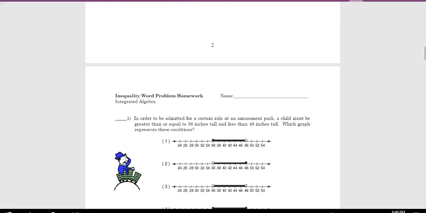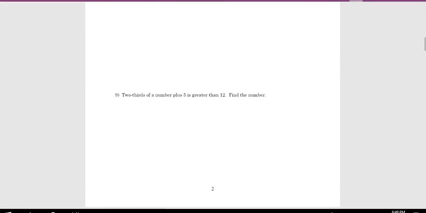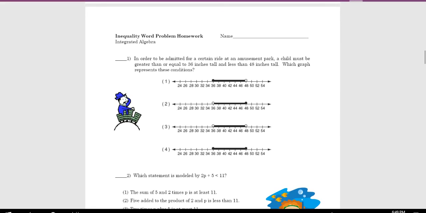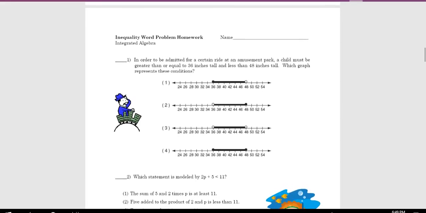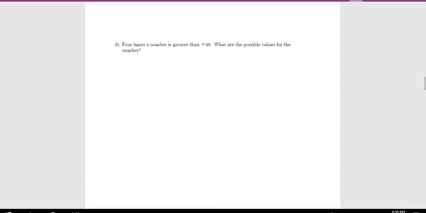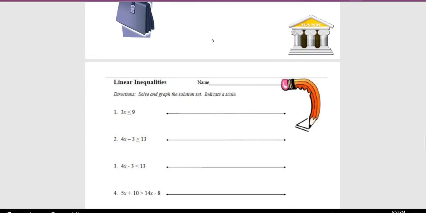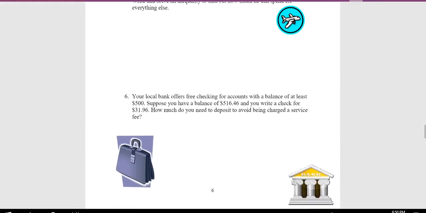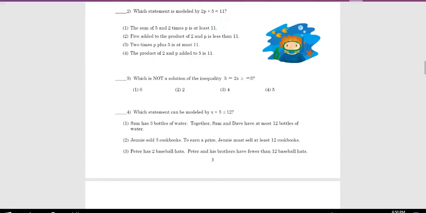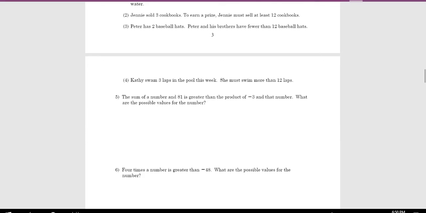They get tricky the more you go. And then I would like for you to also work on the inequality word problem homework. It's very similar. We'll work on just the word problems for today. I want us to get familiar with how to model word problems as algebraic equations.